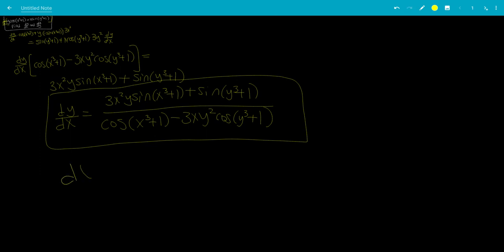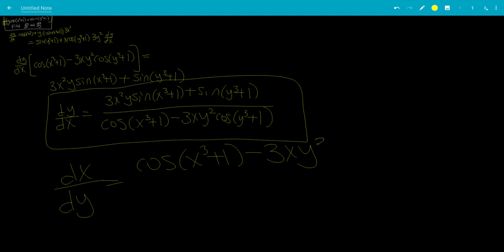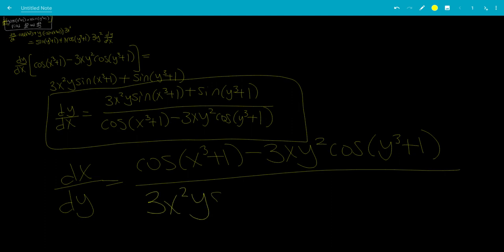So dx/dy will just be cosine of (x cubed plus 1) minus 3xy squared times cosine of (y cubed plus 1), all over 3x squared y sine of (x cubed plus 1) plus sine of (y cubed plus 1).